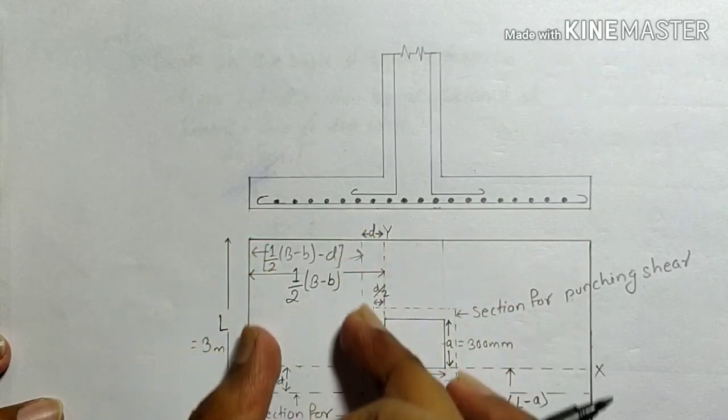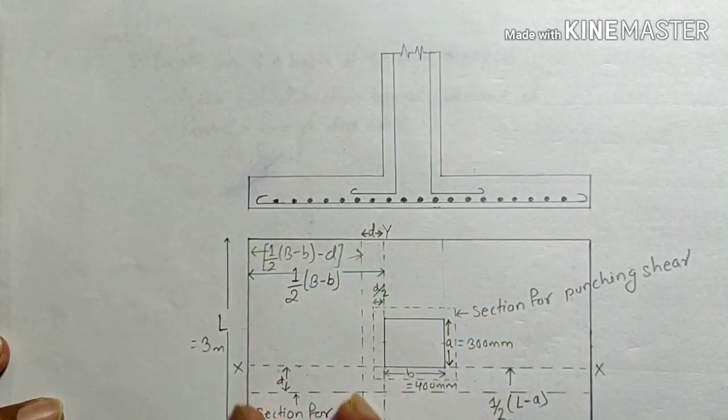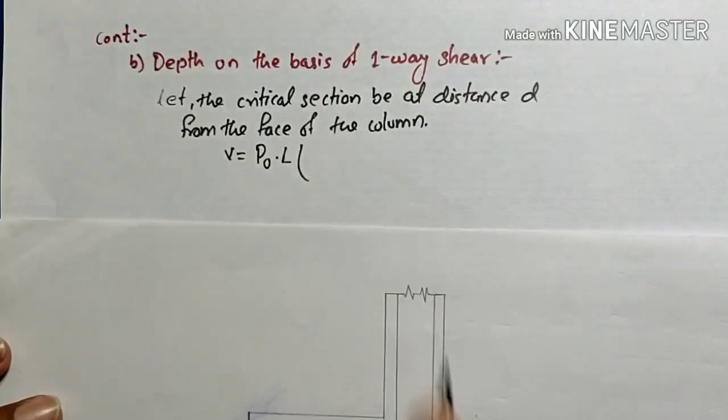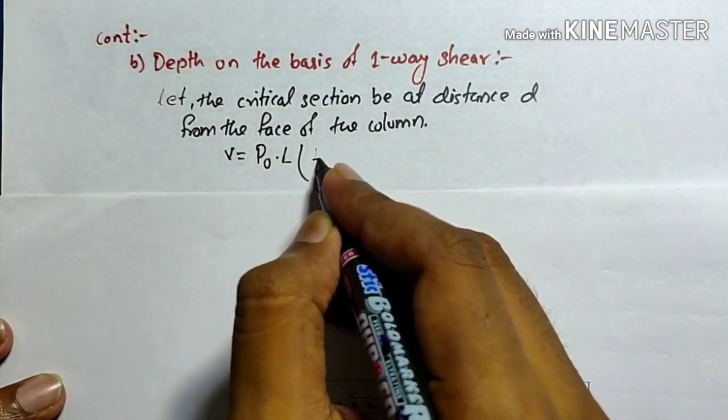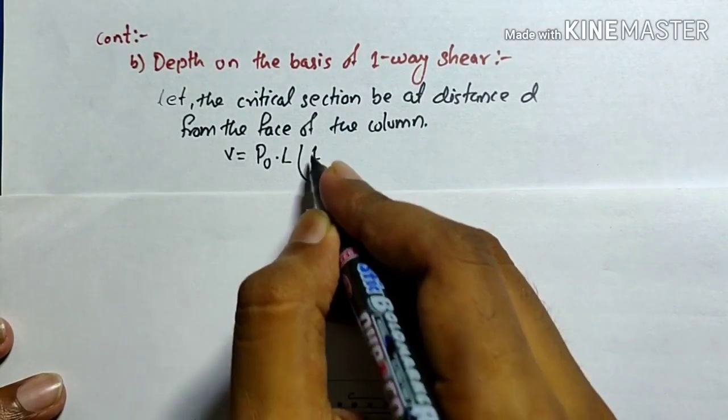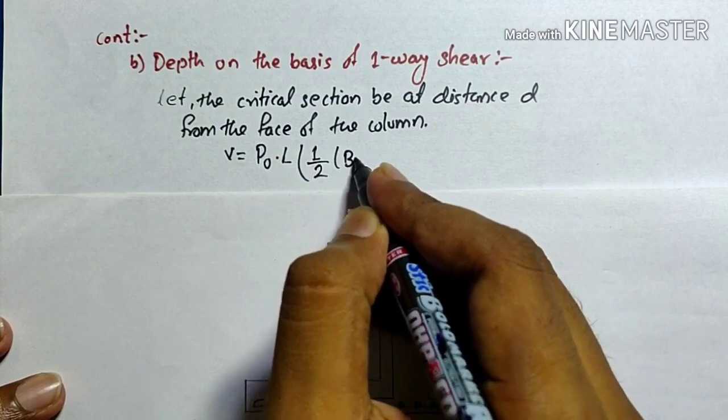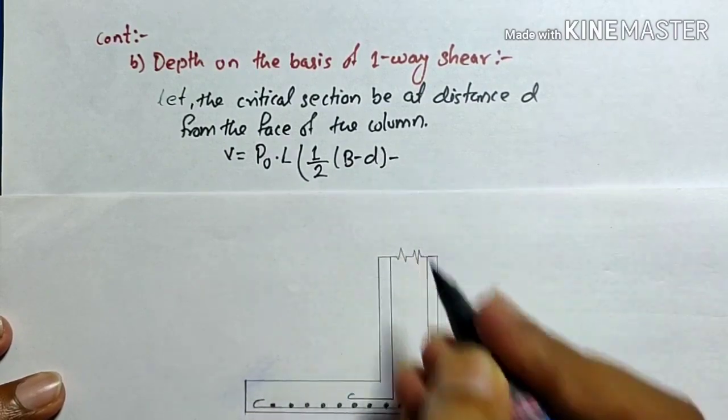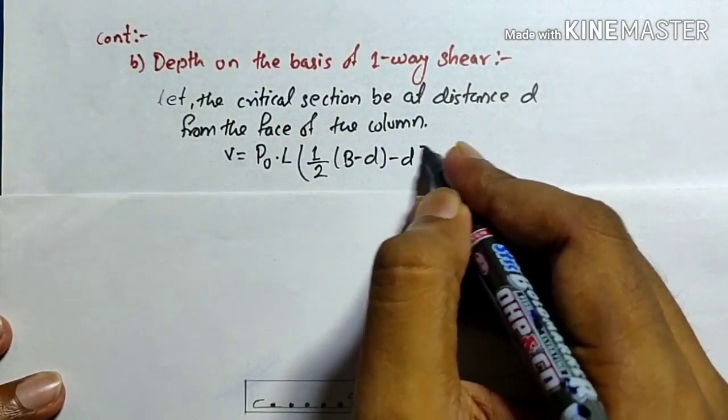We are considering the dimension of this portion, which is going to be 1/2 times B minus small b minus small d.